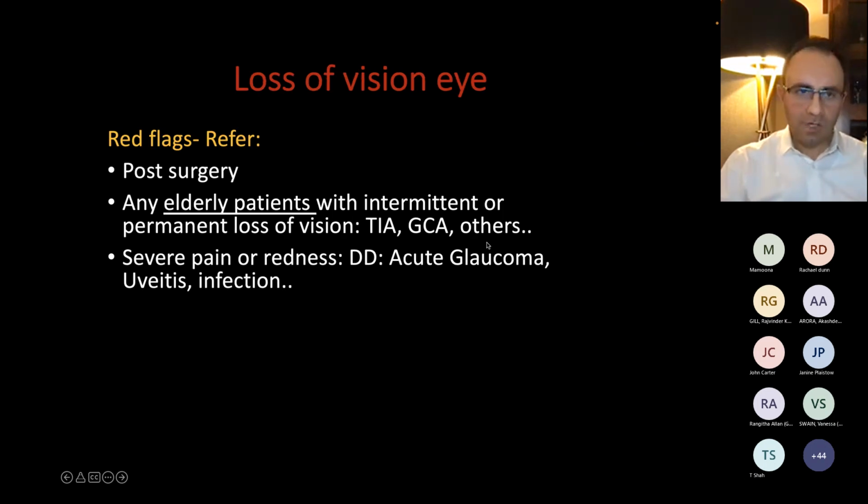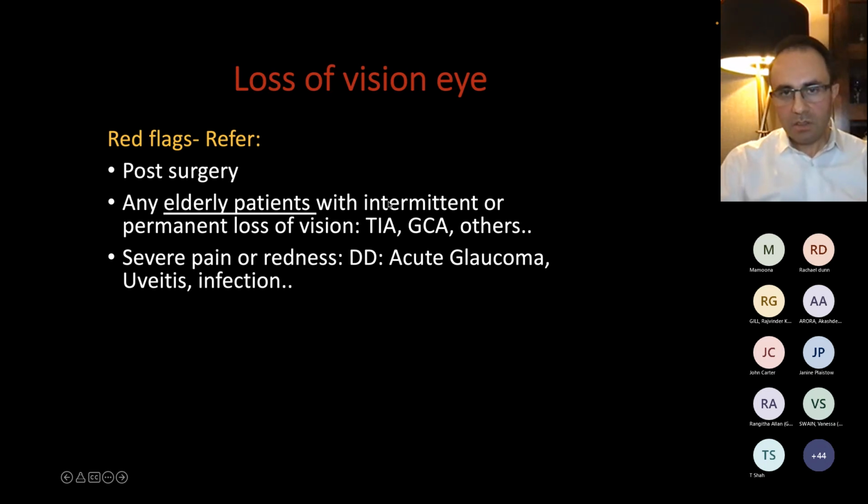Talking about the loss of vision now, red flags, we need to refer directly if this is post-surgery, without question. Any elderly patient with intermittent or permanent loss of vision, because in this category, an elderly patient, even if they are having intermittent, you need to think about TIA, GCA, other vascular reasons which can cause this.